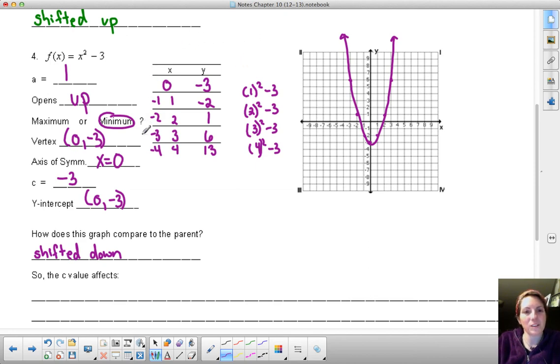Okay, so hopefully you filled all of this in, and I want to throw that caution out to you one more time that that C value really only affects the y-intercept directly. Everything else is not quite as clean as this is. So the C value affects, most importantly, the y-intercept.